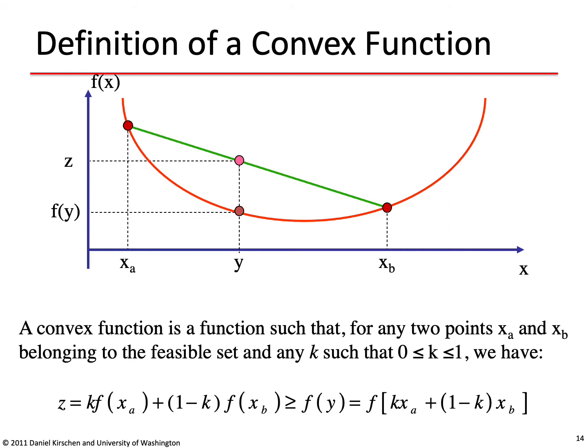The function will be convex if k f of xa plus 1 minus k f of xb, which is the definition of the straight line between f of xa and f of xb, is entirely larger than f of y, which is f of k xa plus 1 minus k xb.